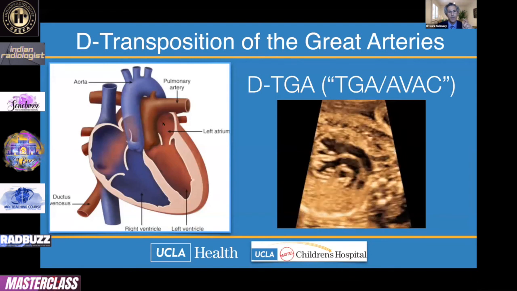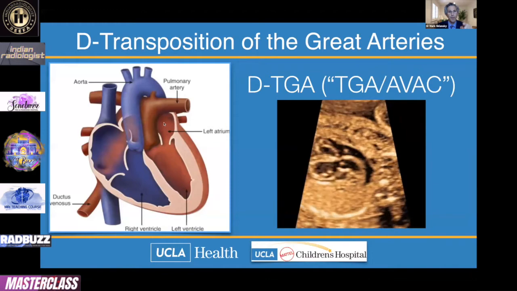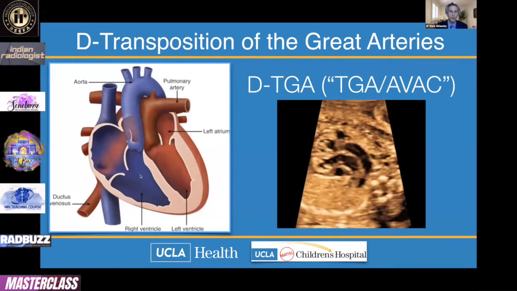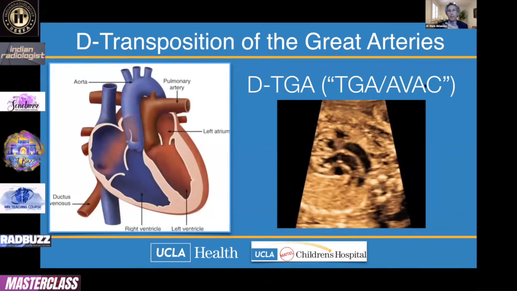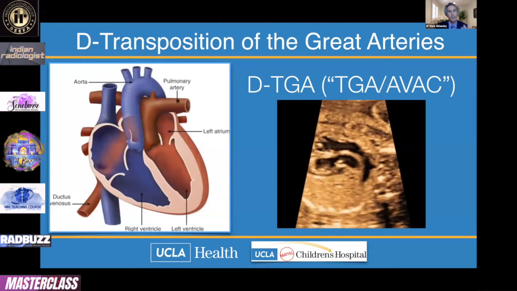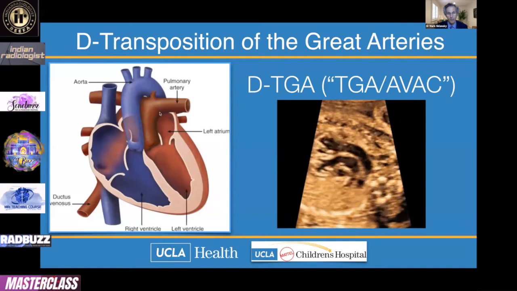D-transposition, you have transposition plus the right atrium connected to the right ventricle and the left atrium to the left ventricle. So it's transposition with atrioventricular concordance. That's the way I would look at it. That's what D-transposition means.